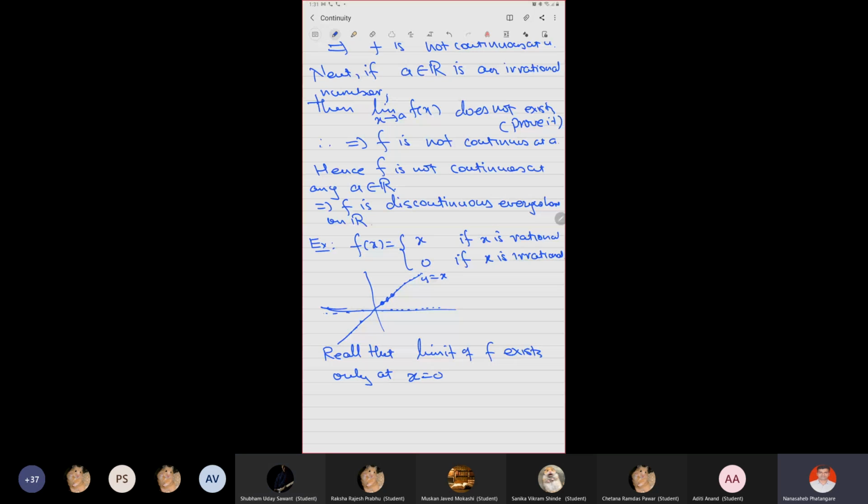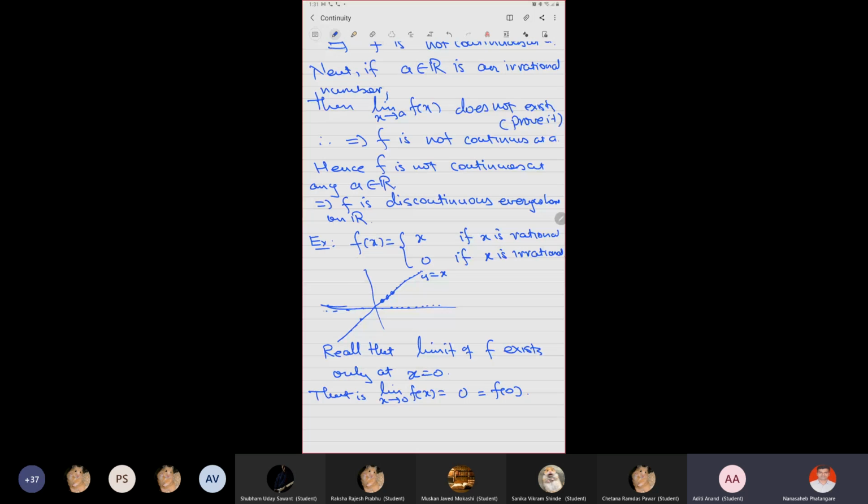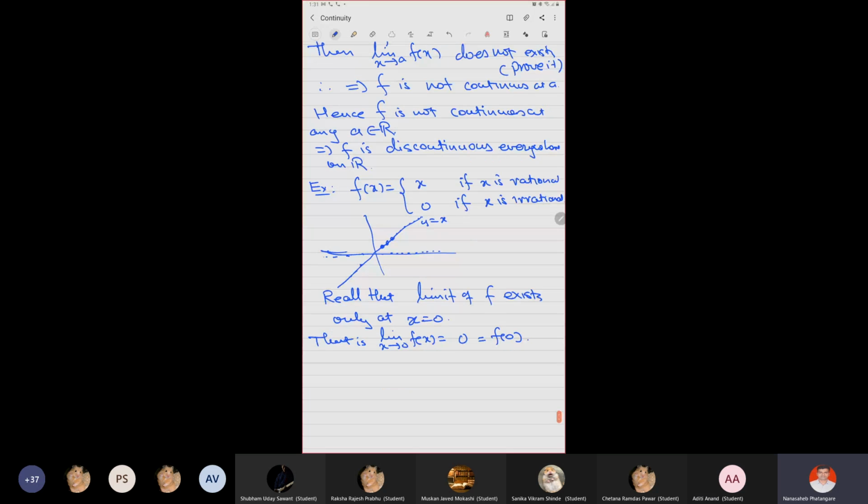Right, the limit of this function exists only at 0. That is, what is the limit as x tends to 0 of f of x? What do we expect here? It is 0. And what is f of 0? 0. Fine.